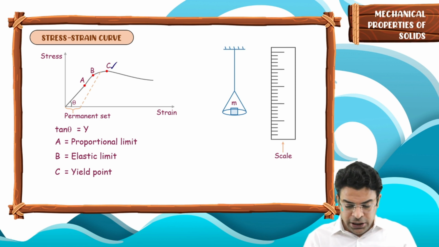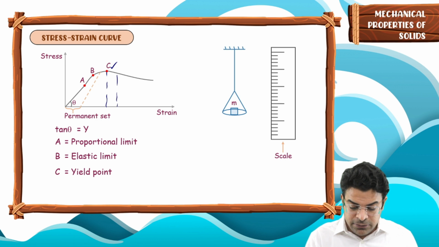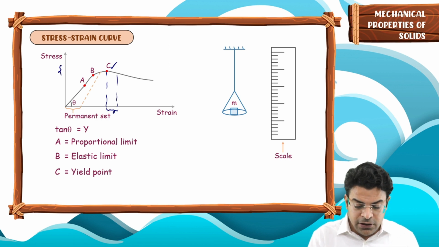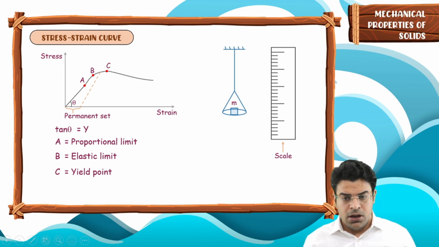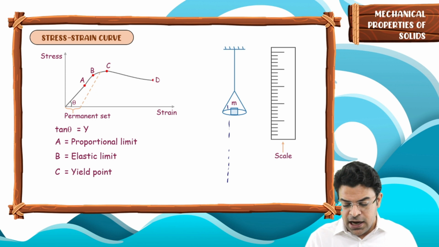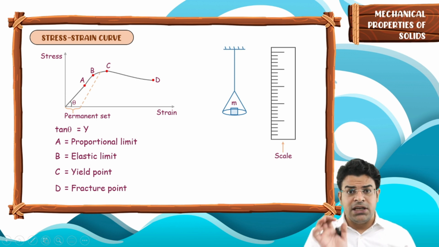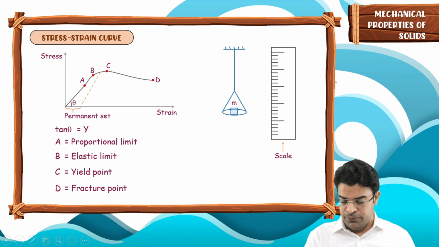But a yield point is the place where the strain keeps on increasing even without further increase in the stress. Now, if you let it keep elongating, then at a particular point it breaks, and this point is called the fracture point. So these are the data you must know about the stress strain curve.